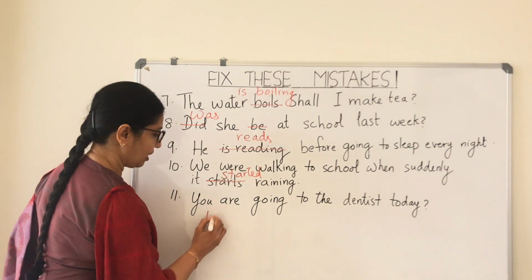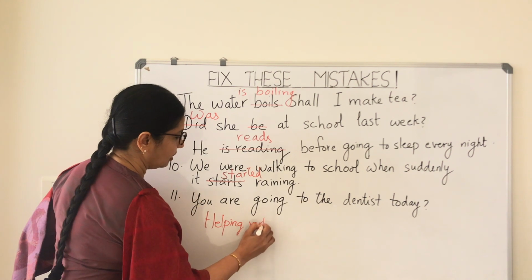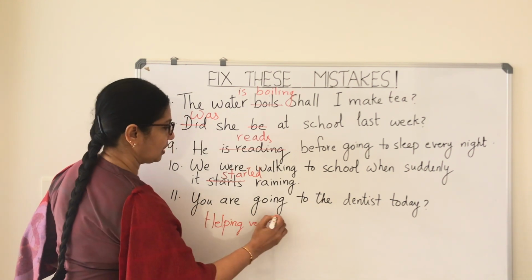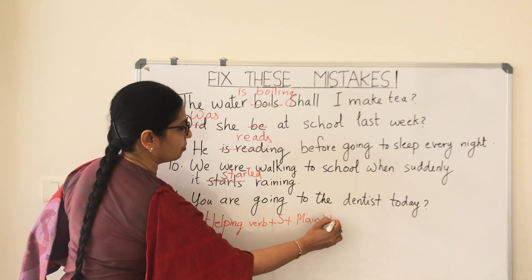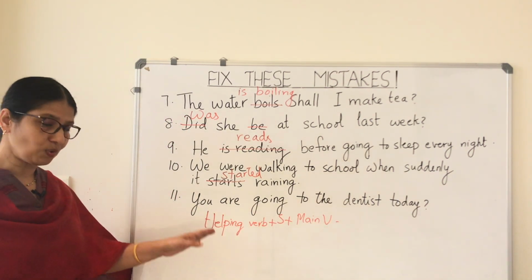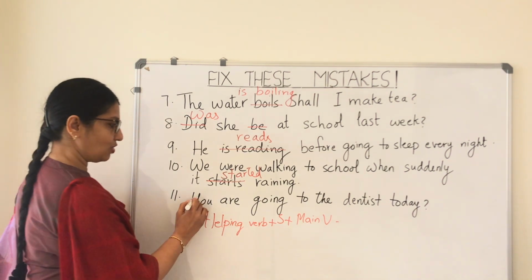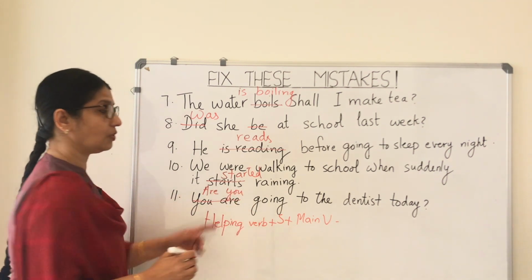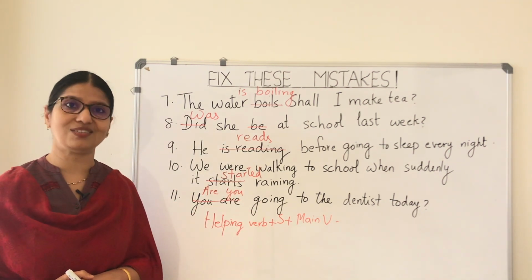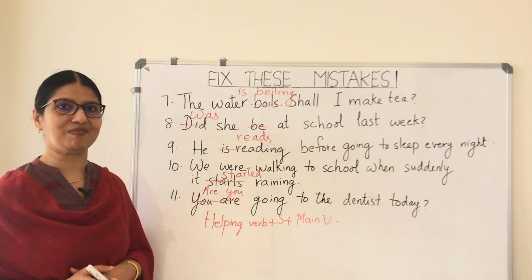So first you have the helping verb, and then you have the subject, and then you have the main verb. And if you follow this order, you will get your question right. So this is wrong. It should be, are you going to the dentist today? So the helping verb, subject, and the main verb.